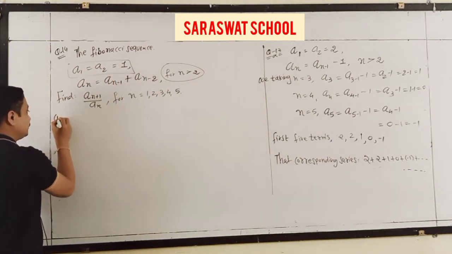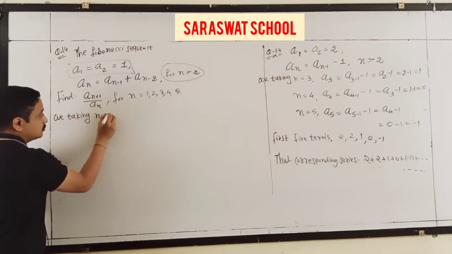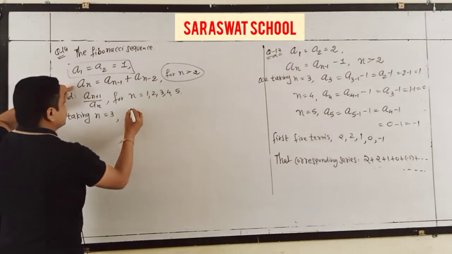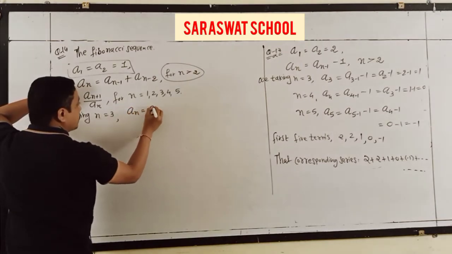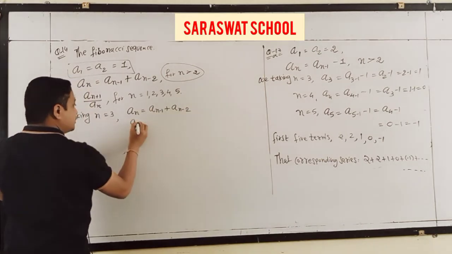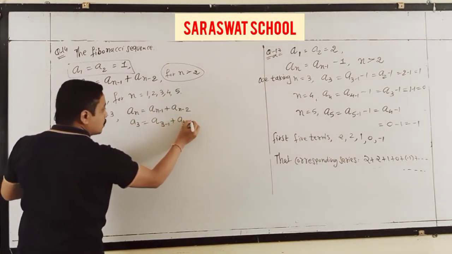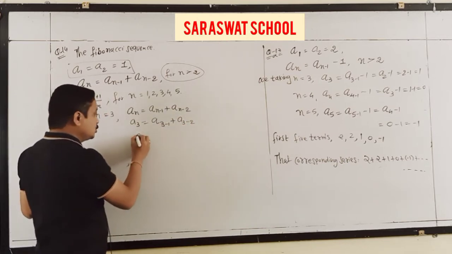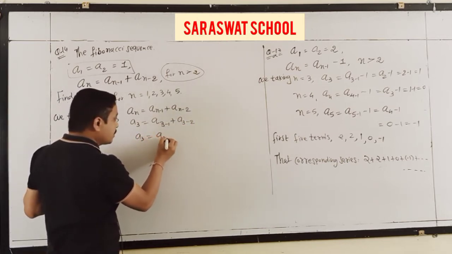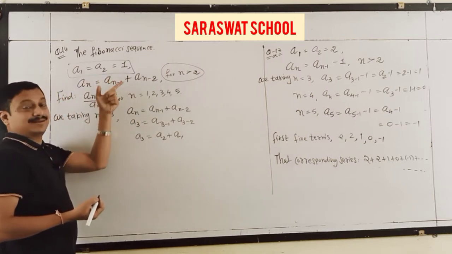So we take n as 3. Attach here an minus 1, a3 here, so 3 minus 1, 3 minus 2. So what is the a3? a2 plus a1. But what are a2 and a1?